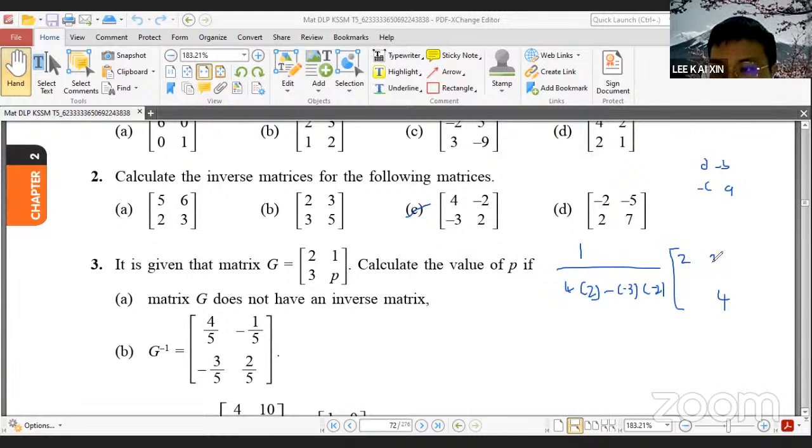Negative B, you get 2. Negative C, you get 3. So you get this.